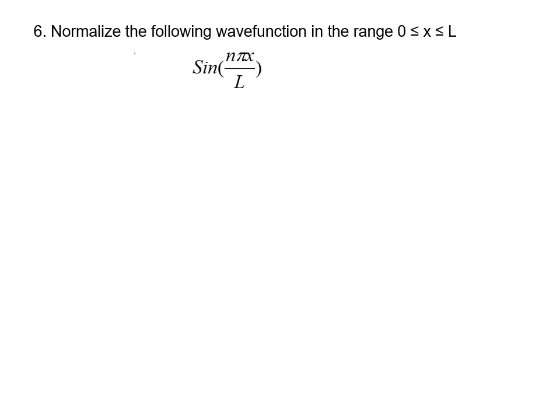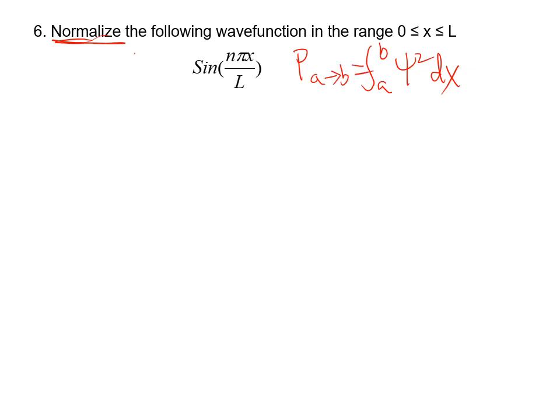Question number 6. Normalize the following wave function. Now we already know the wave function squared represents the probability at a point. If wave function squared times dx is integrated from a to b, that means this is the probability in the range from a to b.